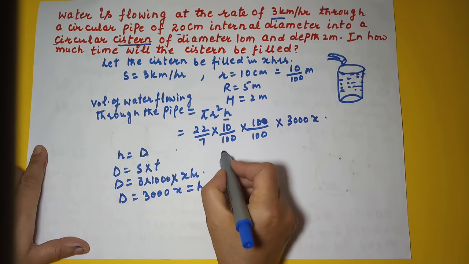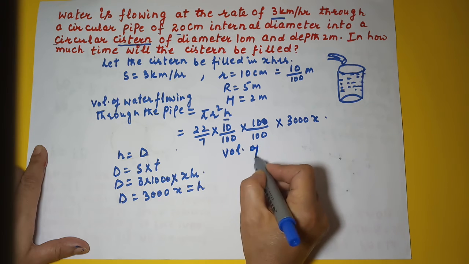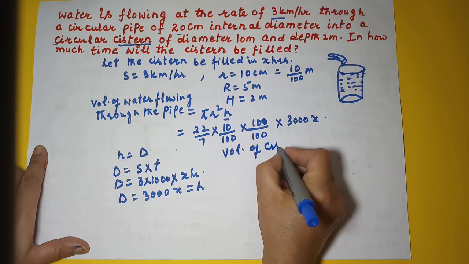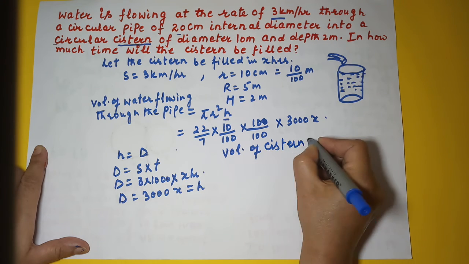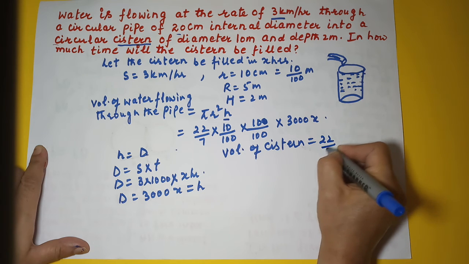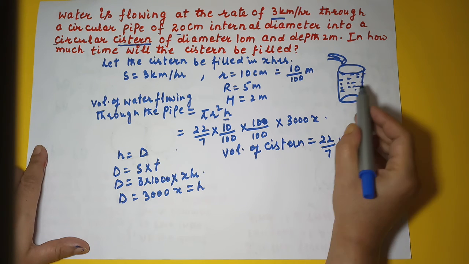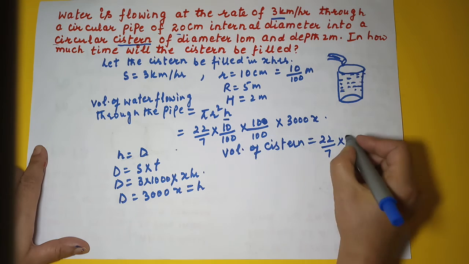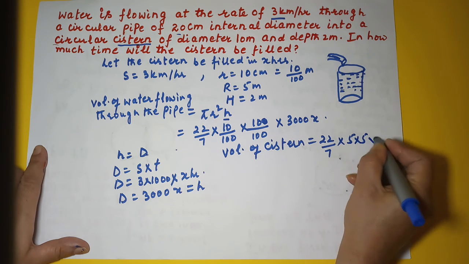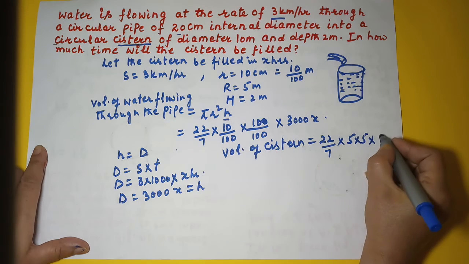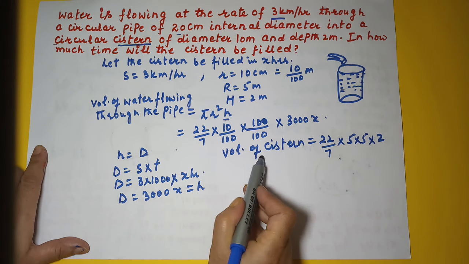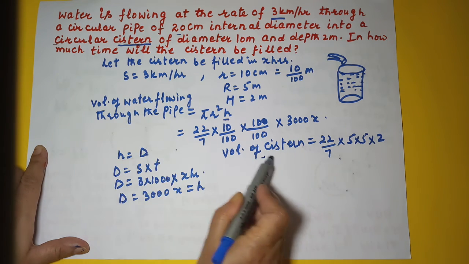Now let us find the volume of the cistern. Volume of this cistern is equal to pi, which is 22/7, into r square. What is the radius of this? 5 meters. So 5 into 5 into h. Capital H is 2, right? Now can we say that these two volumes are equal?